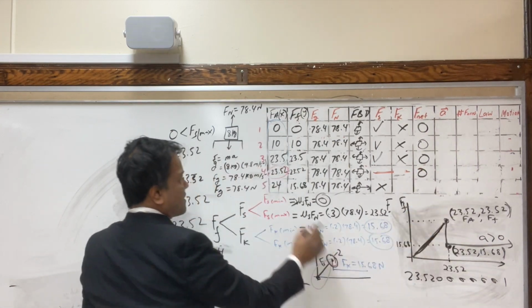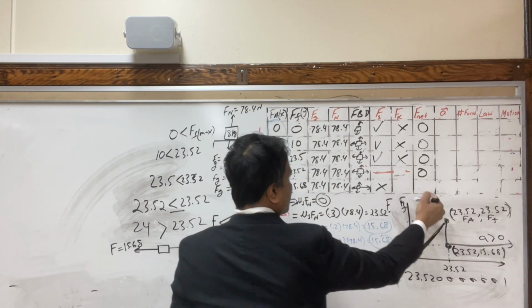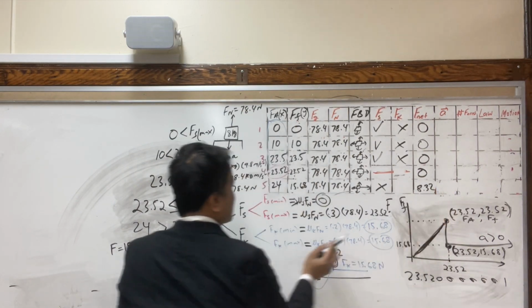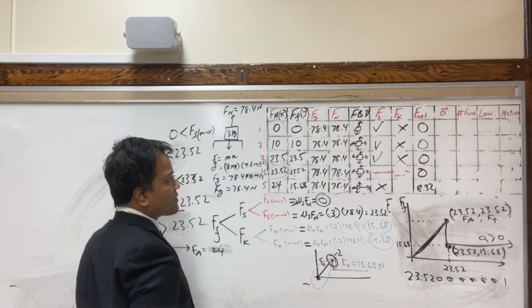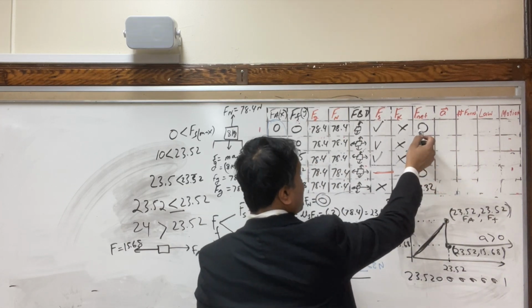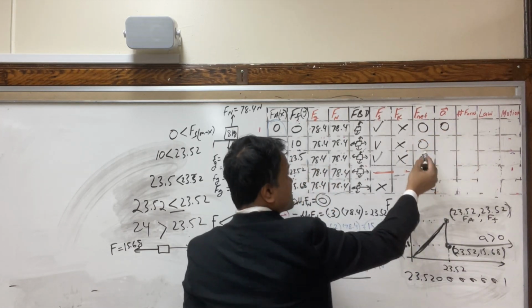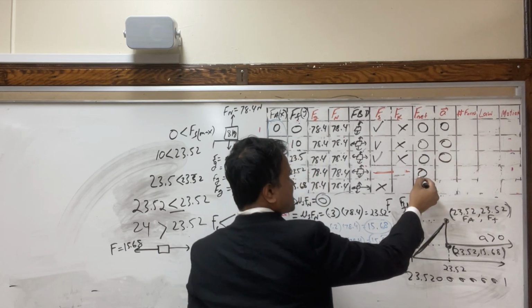This is 8.32 because applied force is 24 and force of friction is 15.68. Acceleration is 0 because 0 over 8 is 0.